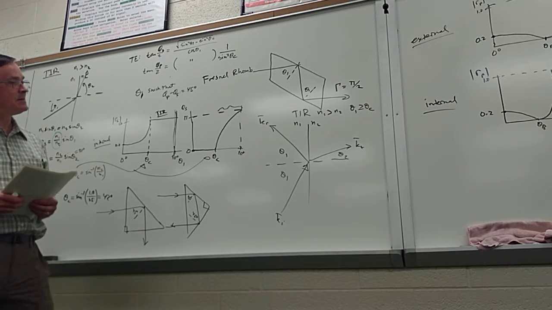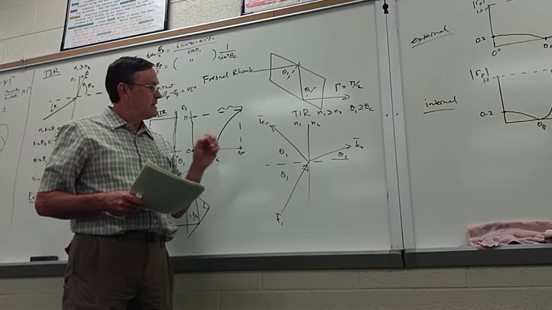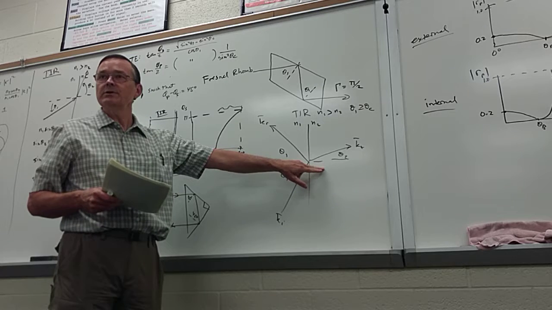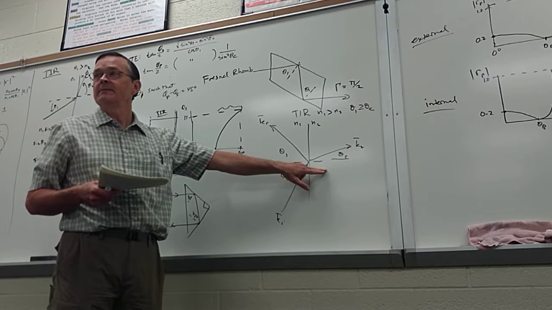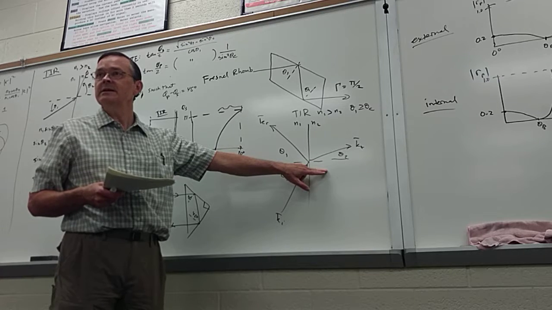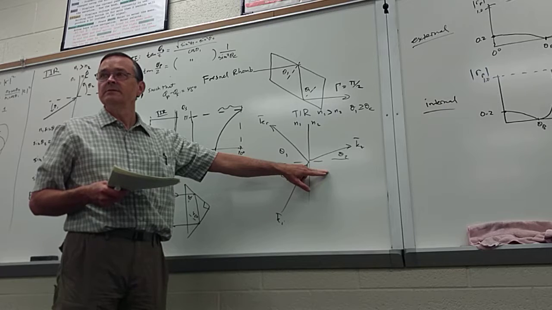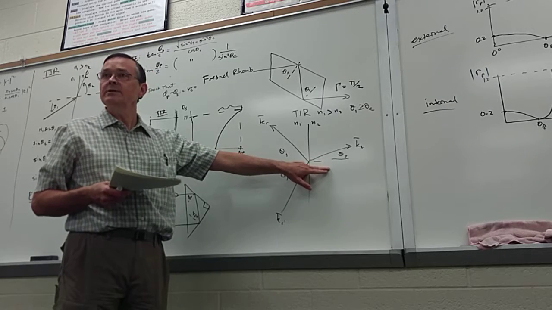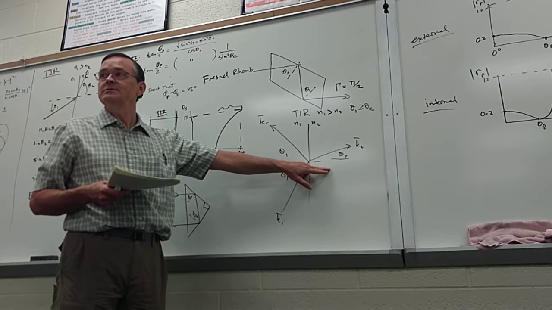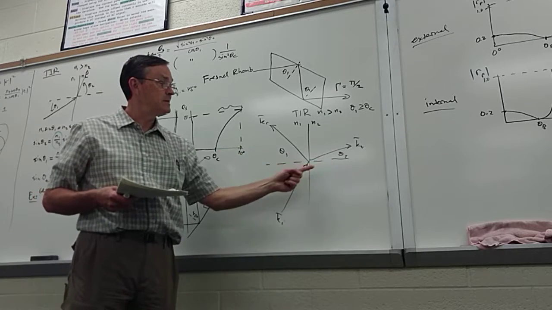And so the question is, well, does that mean there's no field over here? We still have to maintain the boundary condition where the fields are equal on both sides, right? We have to maintain the boundary condition. But is there any power over here? No, there's no power transmitted into this material.